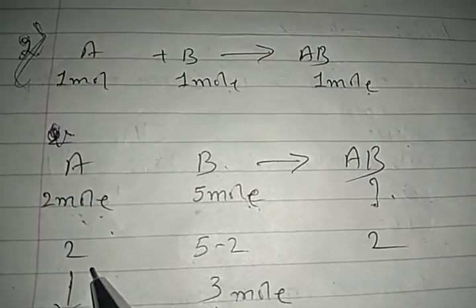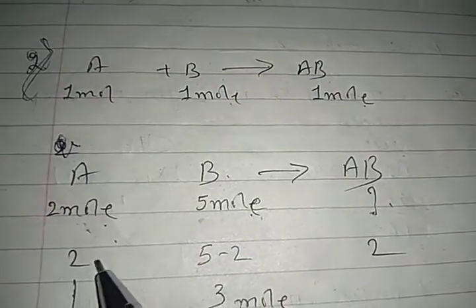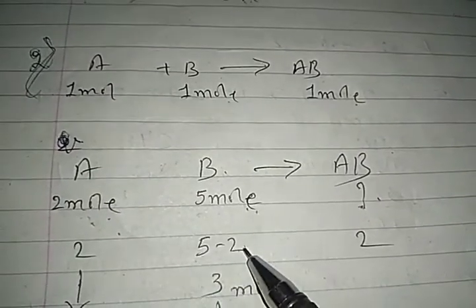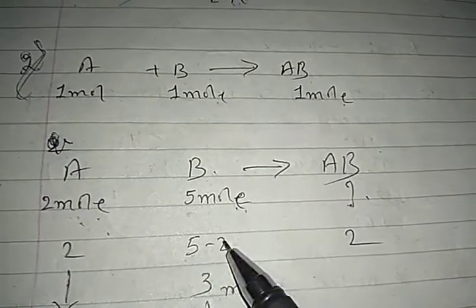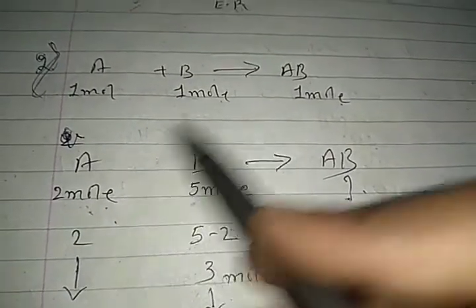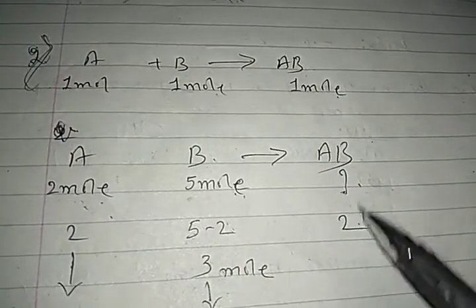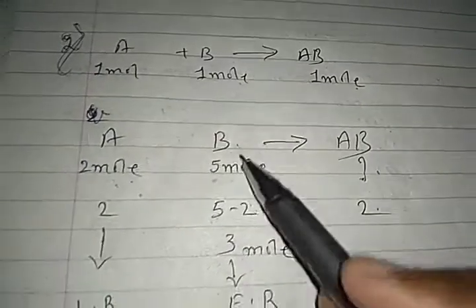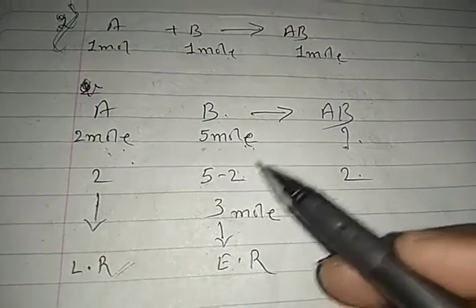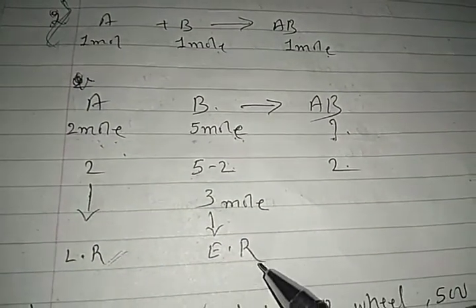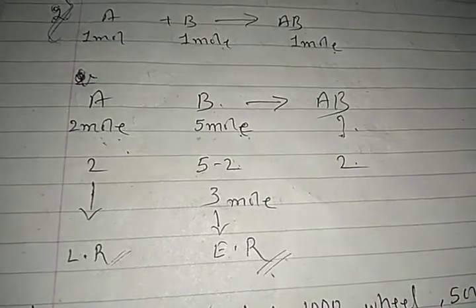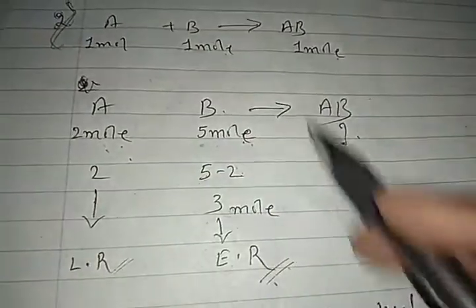So 2 moles of A consume 2 moles of B out of 5, and 3 moles are left here, and the product will be 2 moles. A is the limiting reagent, and the 3 moles left here are the excess reagent. Right, students? Understood, students?